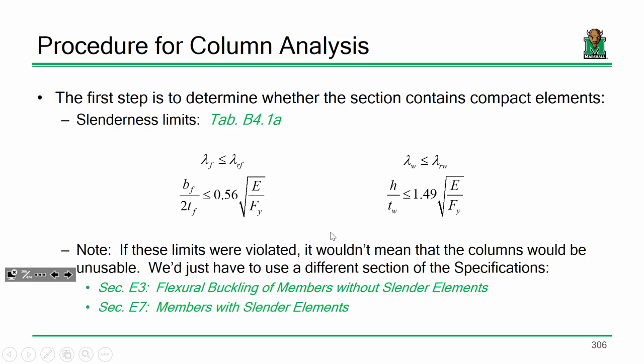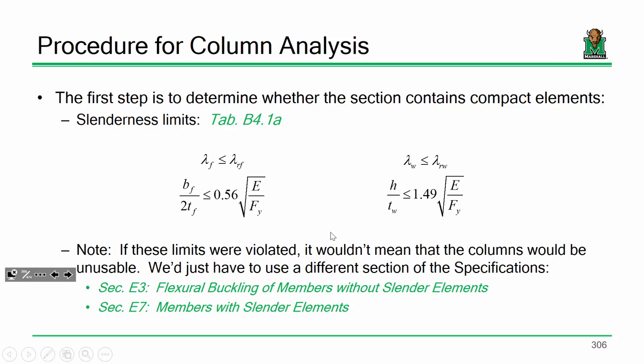When we do column analysis, remember we have a number of different means at our disposal to compute the capacity of a column, but it all starts with determining whether or not local buckling governs. So if you recall, we look up the BF over 2TF and the H over TW for a given wide flange, compare that against the given limits to see whether the flange or the web is going to buckle as opposed to the entire cross-section.